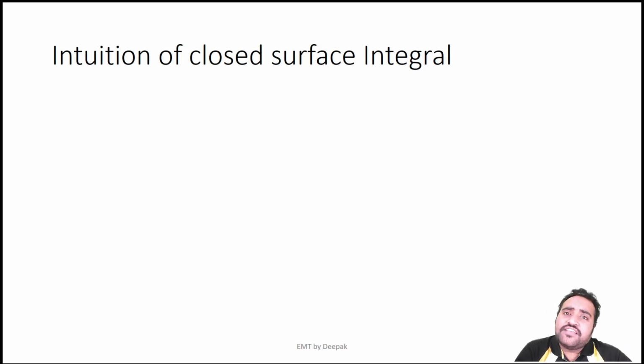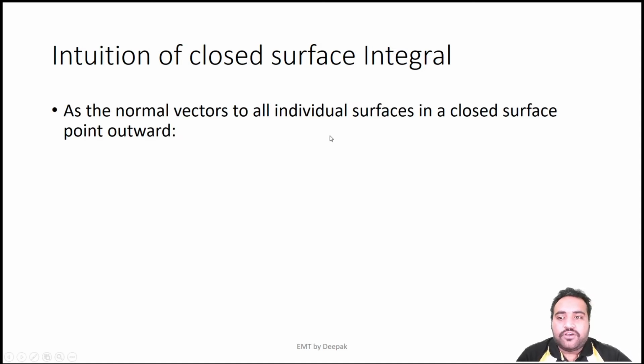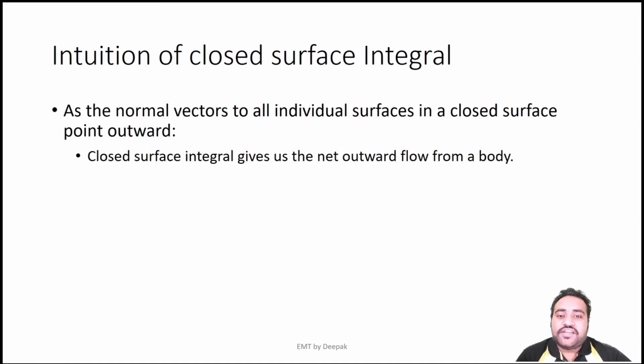Now, if the normal is always pointing outward and you are calculating the components along the normal, that means you are trying to determine the outward flow of the vector field from the cuboid, because a closed surface integral gives the net outward flow from it.